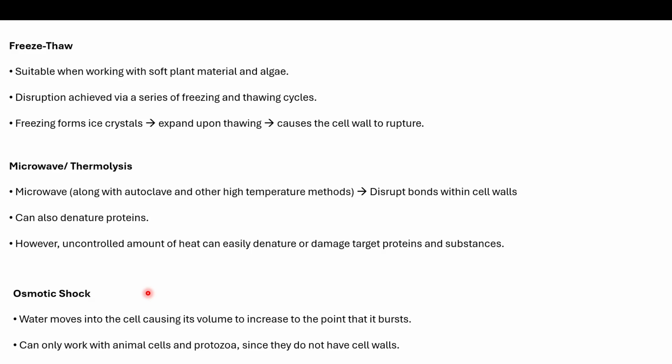So water will try to get inside the cells, and water moves into the cell, causing its volume to increase to the point that it bursts open, right? It swells up and bursts. And it can only work with animal cells and protozoa because these cells do not have cell walls.